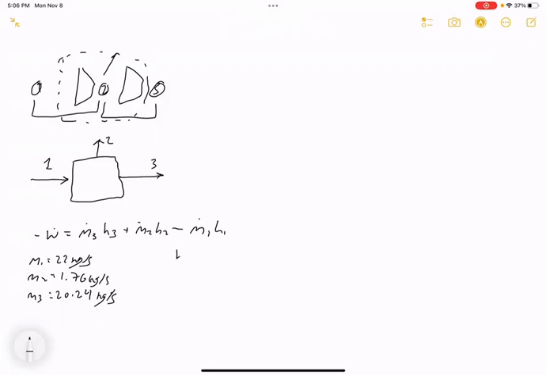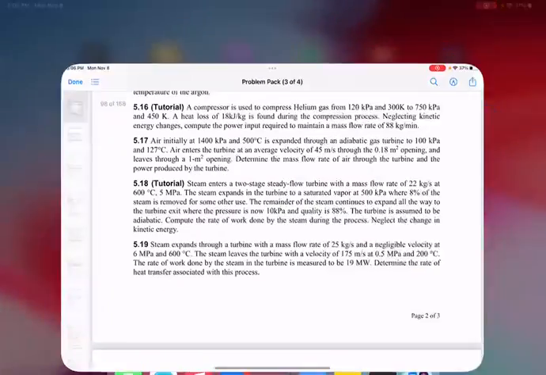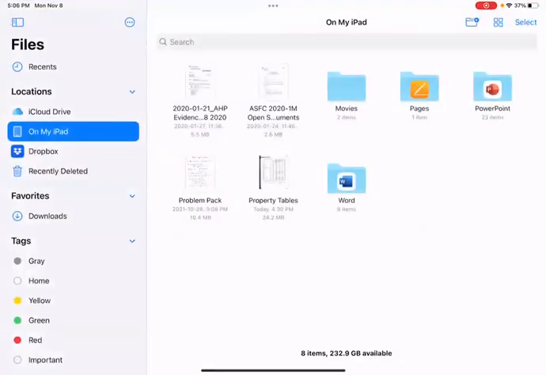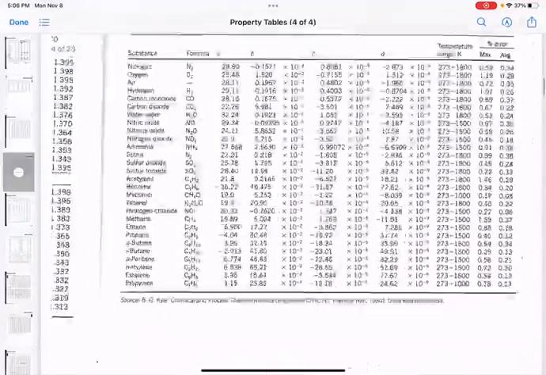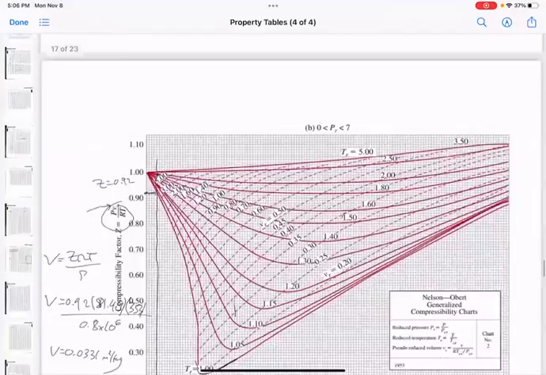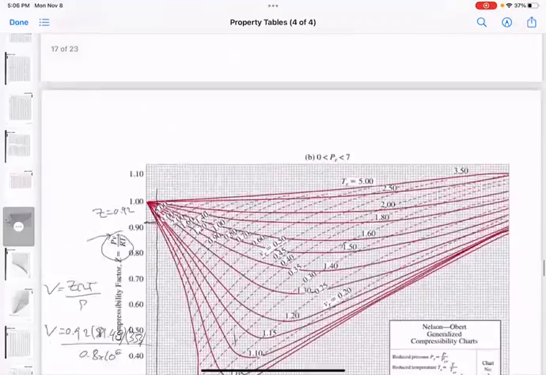Now let's talk about the enthalpy. It's a steam turbine, so this is just going to the tables. We're used to this. We know how to do this. State 1 is 5 megapascals and 600 degrees Celsius, so we go to the superheated steam tables.